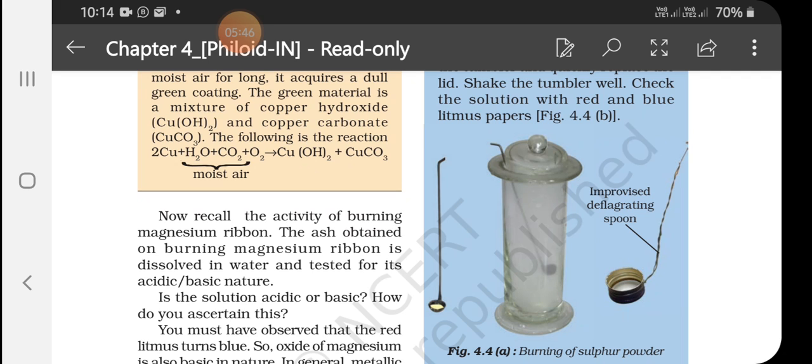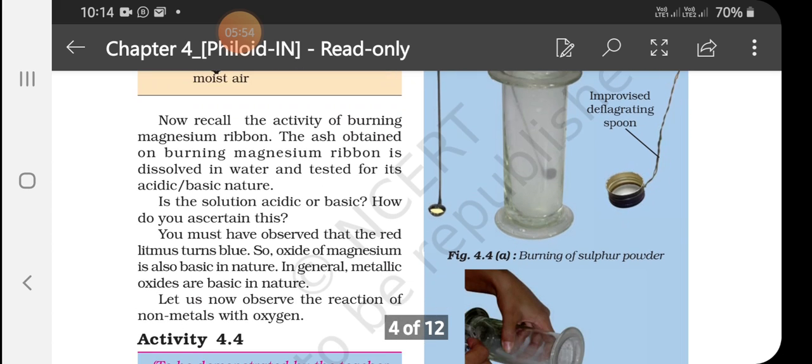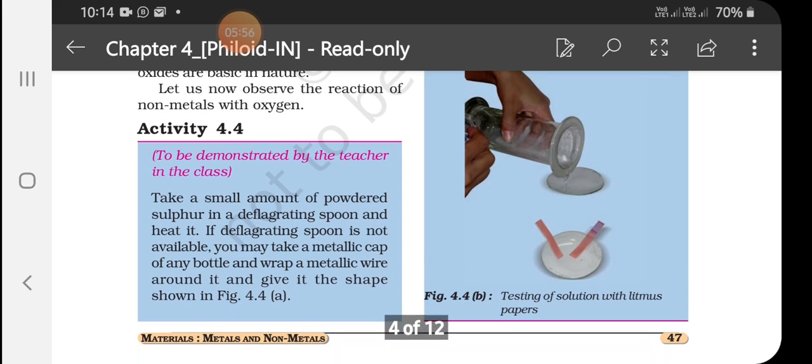So what does this activity prove? It proves that non-metal oxides are acidic in nature. So one more conclusion we have got: non-metal oxides are acidic in nature.